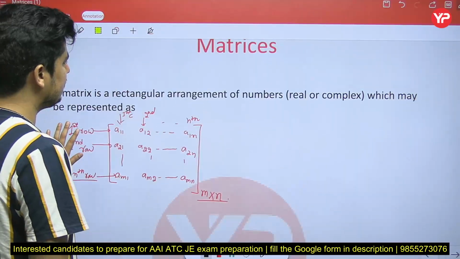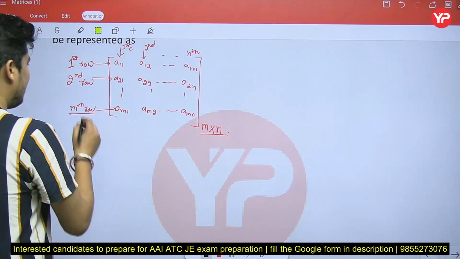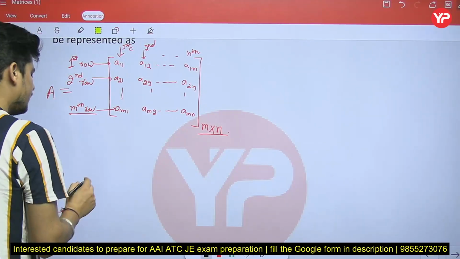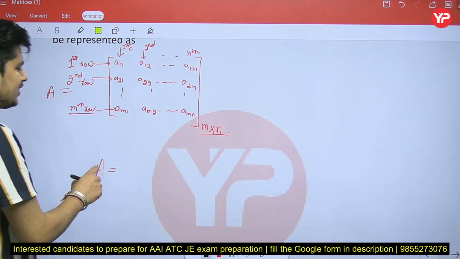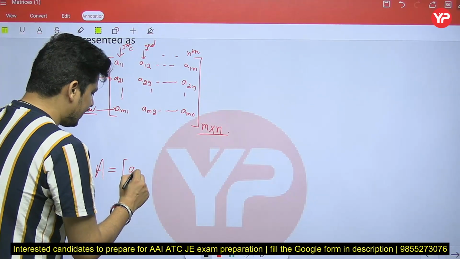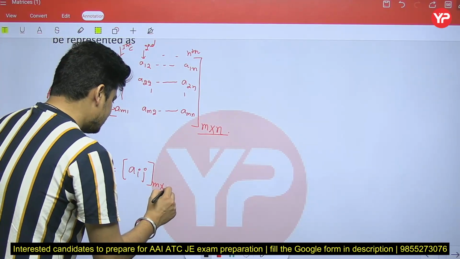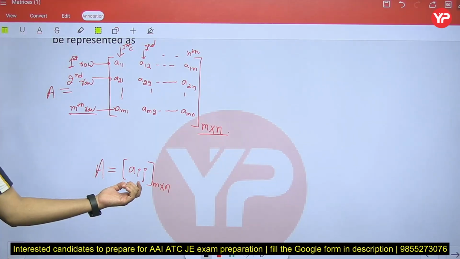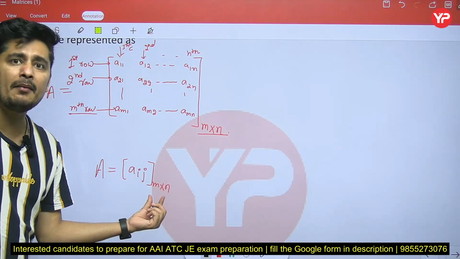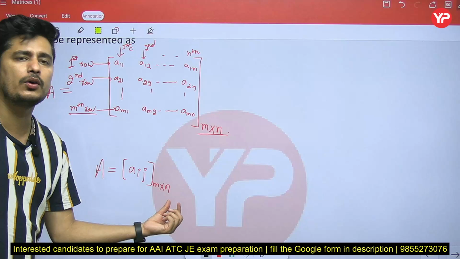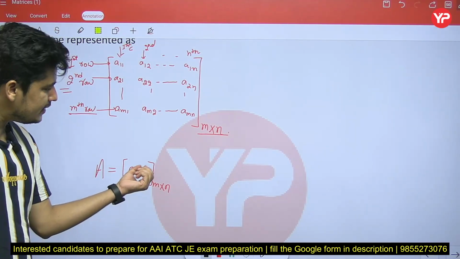This is the rectangular representation, and this represents a matrix A. This matrix A can also be represented as Aij, which is m cross n. That means this is a matrix of m cross n, which has m rows, n columns, and its elements are Aij.